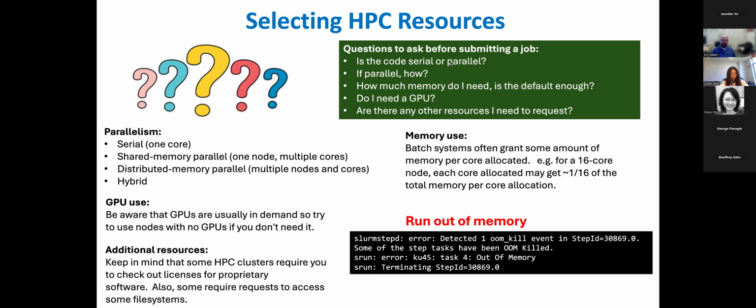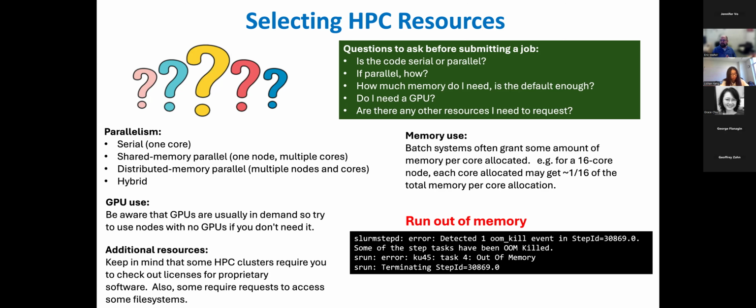If we look at the types of parallelism, I just want to motivate the couple of different types you commonly discuss. First of all, there's just not being parallel, or serial, which uses one core. There's shared memory parallel, where we use one node only, but we use some or all of the cores on that node, and all those cores communicate through the memory of the system.